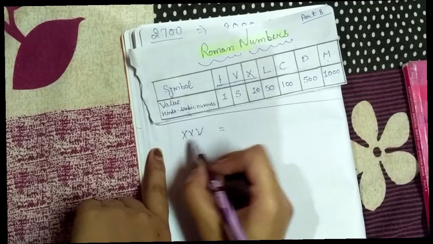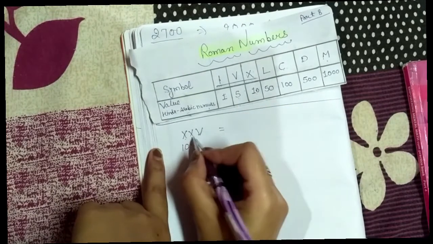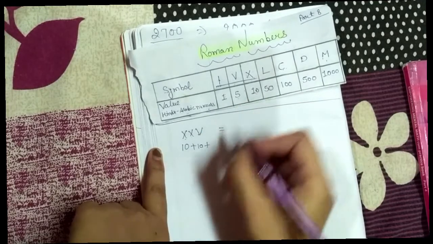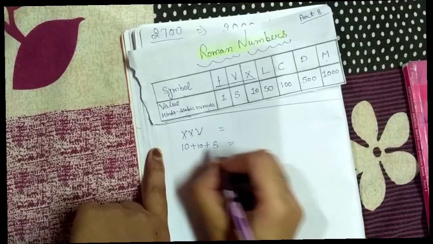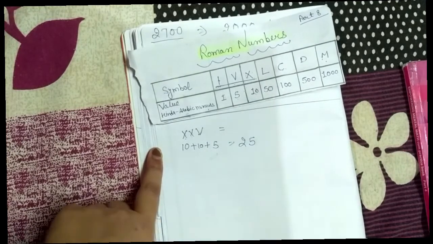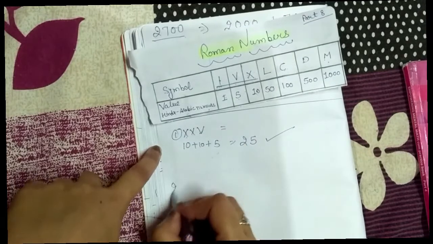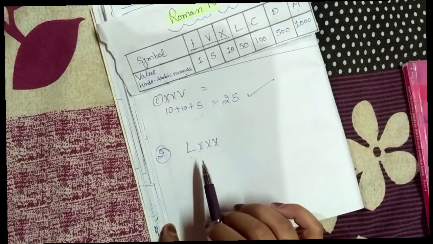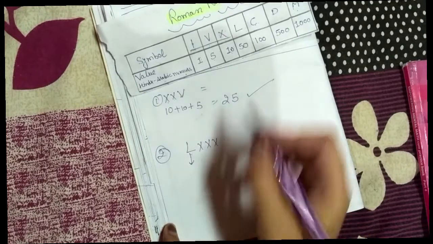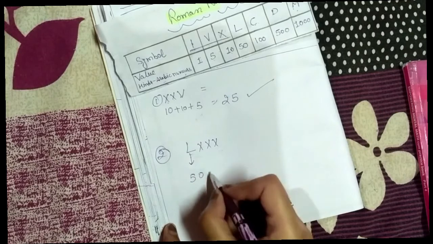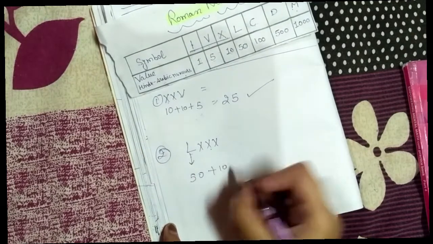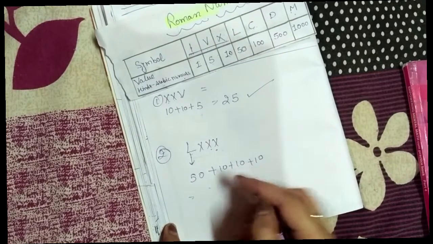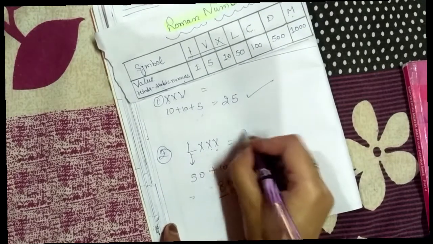XXV: X means 10, again X means 10, then 5. 10 plus 10 plus 5, 25. Okay, let's take one more example. Now solve this example, LXXX. L means 50, X means 10, 10, 10. 50, 60, 70, 80. So its answer is 80.